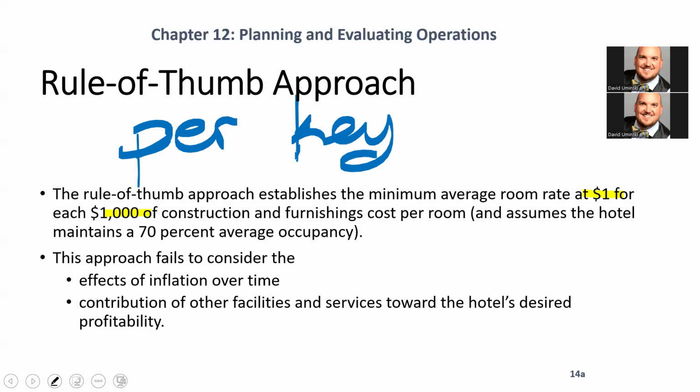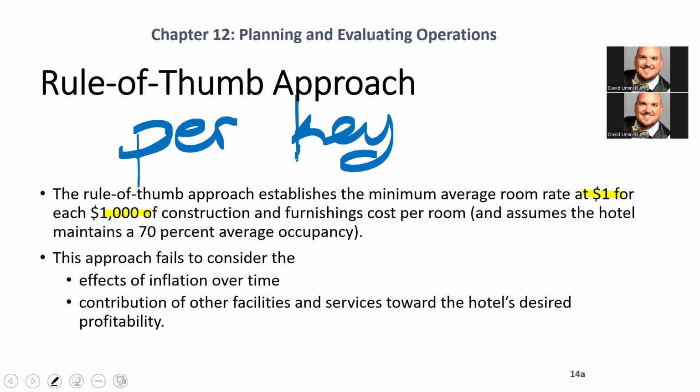So a hotel may be $200,000 per key, which basically means every room costs $200,000. That includes the construction, the furniture, the amenities, the fixtures, all the electrical, right? So per key is often how they are going to evaluate the value of a hotel.